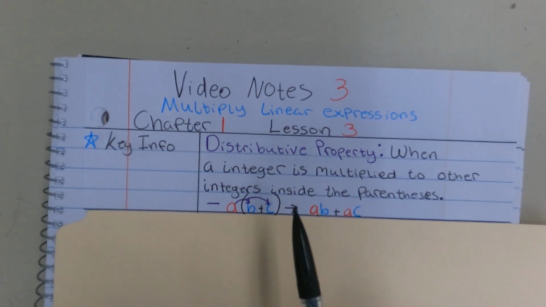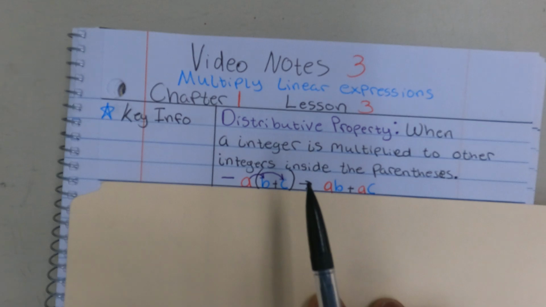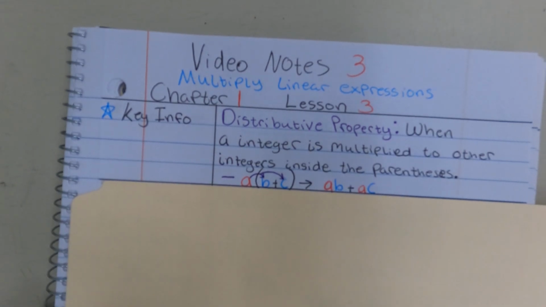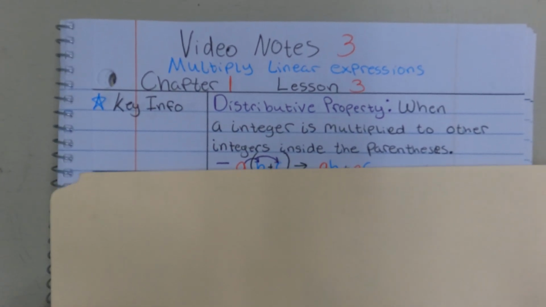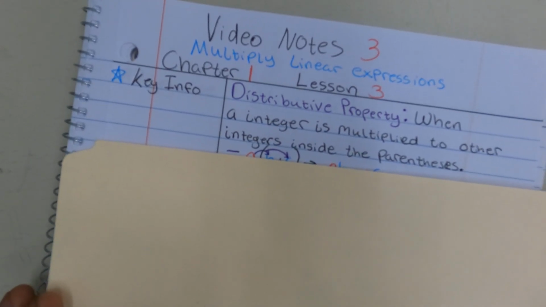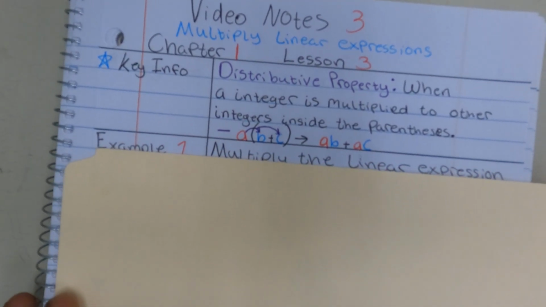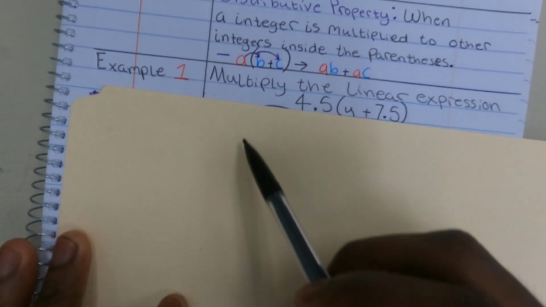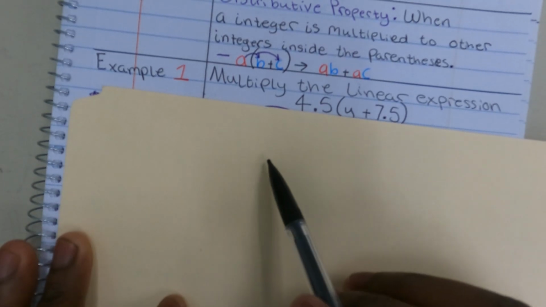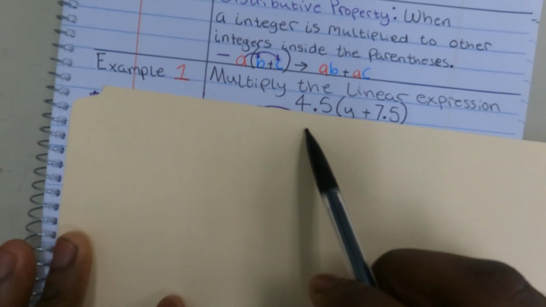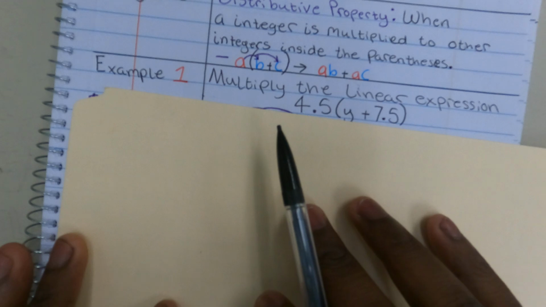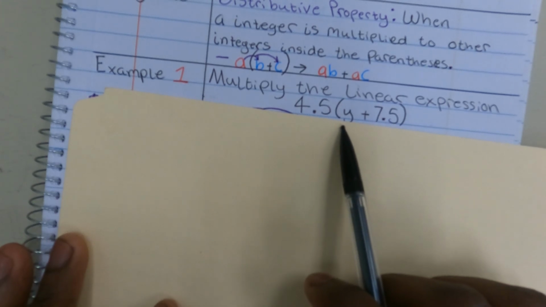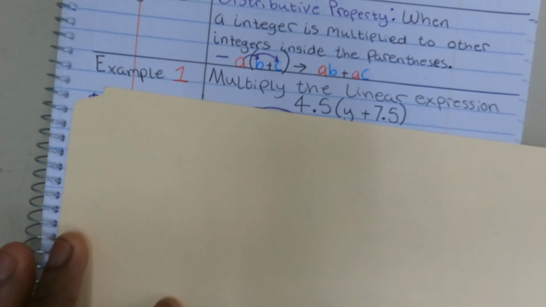So let's try out our first example. So we have example 1, which is your linear expression. We're going to multiply that, or basically distribute. So it's 4.5(y + 7.5).